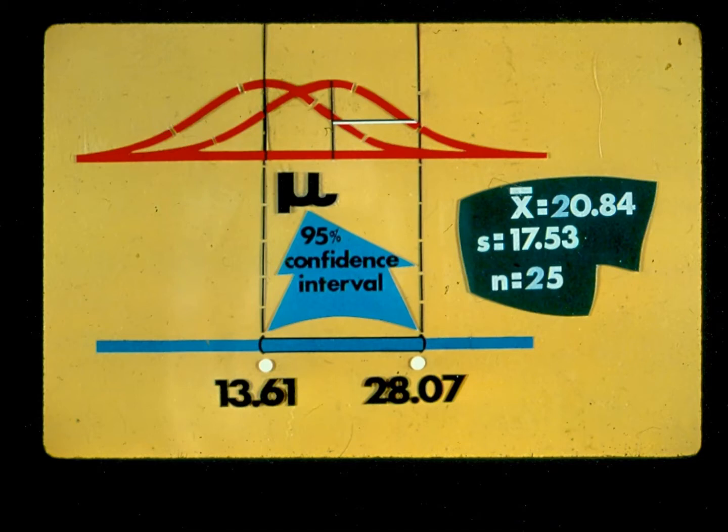Thus, the 95% confidence interval for mu, assuming unknown sigma, is given by the range of numbers between 13.61 and 28.07. The population mean might in fact lie outside this interval, but because of the procedure used to obtain the interval, there is only 5% chance of this.